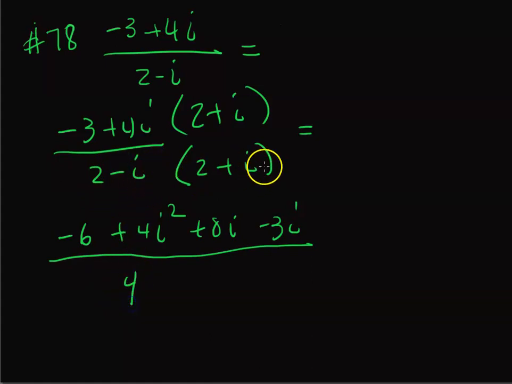Negative i times positive i is a negative i squared. Inner product, negative 2i. Outer product, positive 2i. So negative 2i, positive 2i, those will cancel. The inner and outer product should always cancel when you multiply by the conjugate.